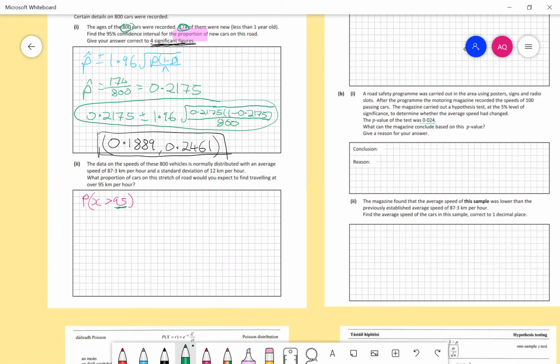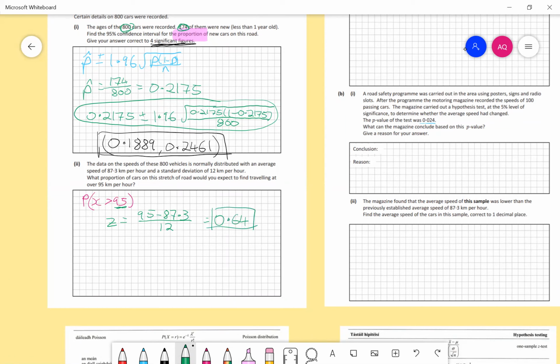So we have 95 minus mu, which is this, all over sigma, which is 12. So we pop that into the calculator as well, 87.3 all over 12. And that gives 0.64 to 2 decimal places. So we'll take our z-scores to 2 decimal places.